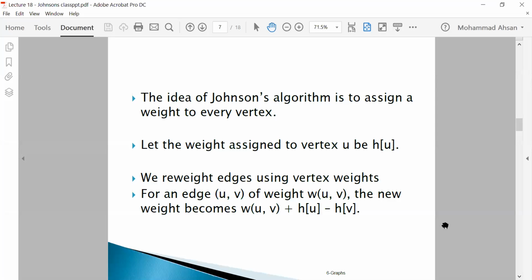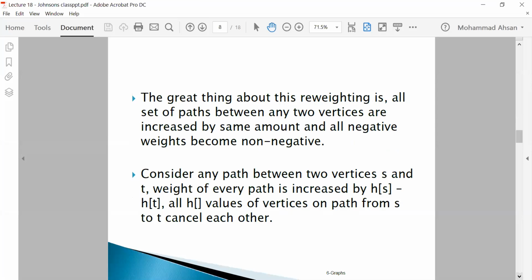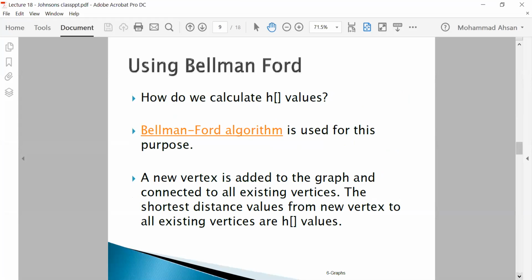So coming back here, we'll see how we get these weights of the vertices. So this is what I explained. Or the non-negative edges will become positive by this, and because you have this minus factor, when you do it for all the vertices in the path, in any shortest path, the intermediate ones will get cancelled.